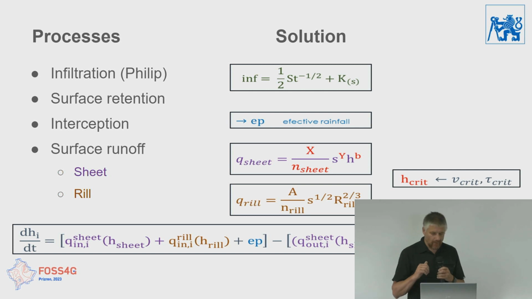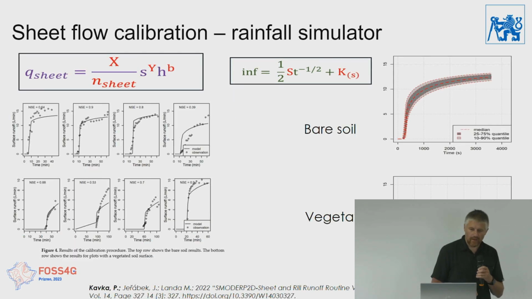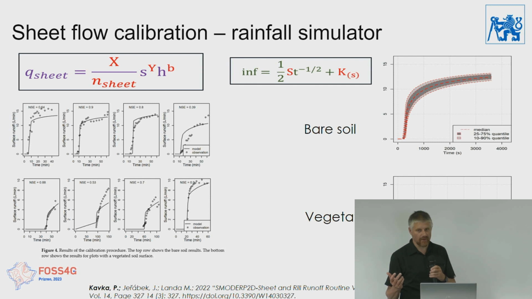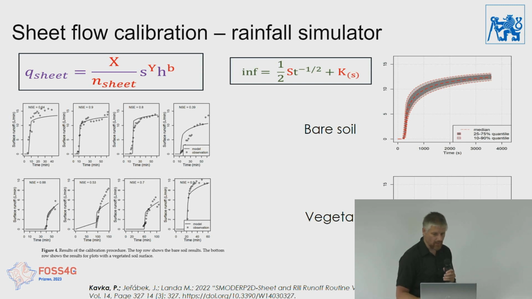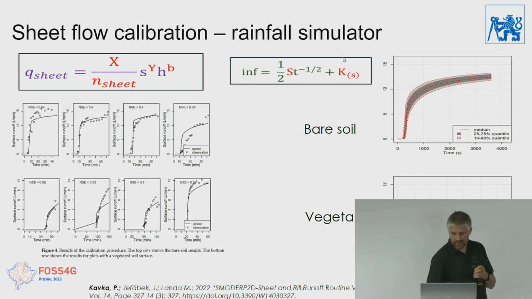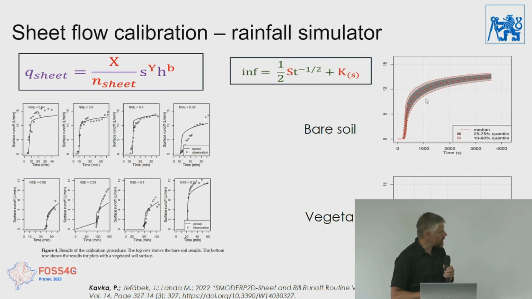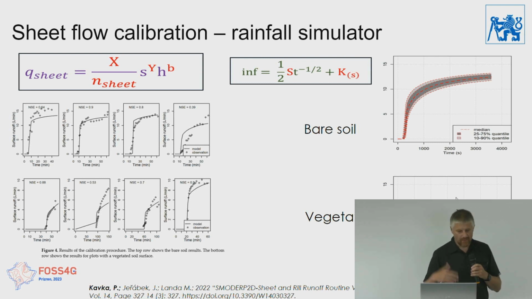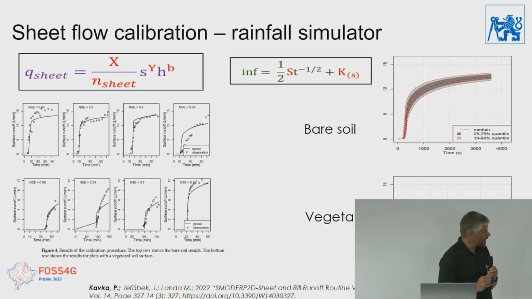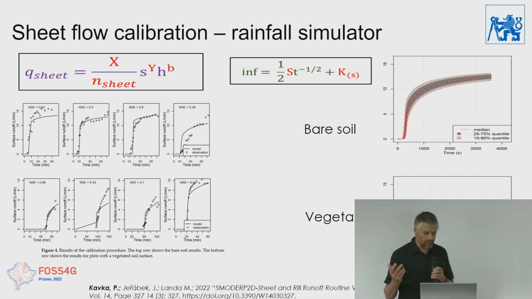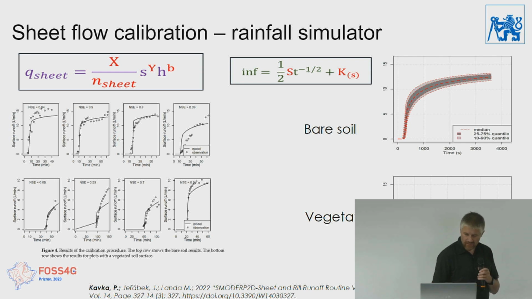We also calibrate the model on the rainfall simulators, and you can see how we fitted it on bare soil without vegetation, and also on surfaces with vegetation. The calibration is for sheet flow and sheet discharge.